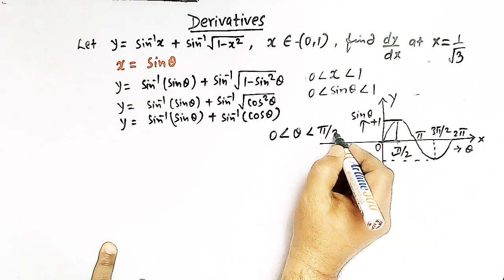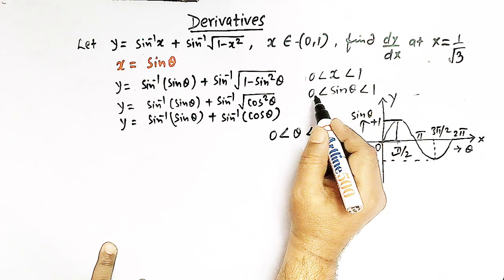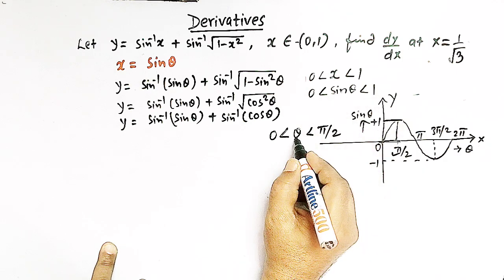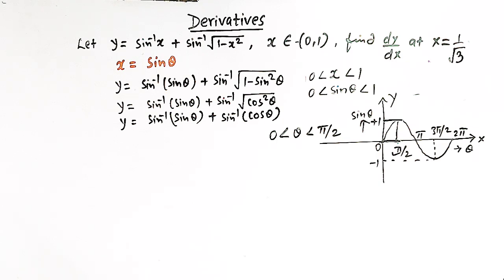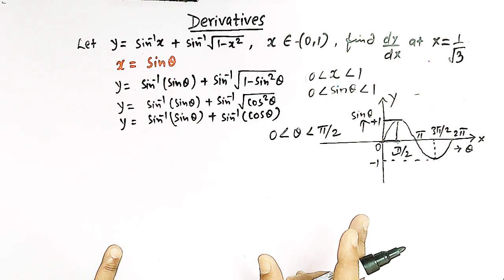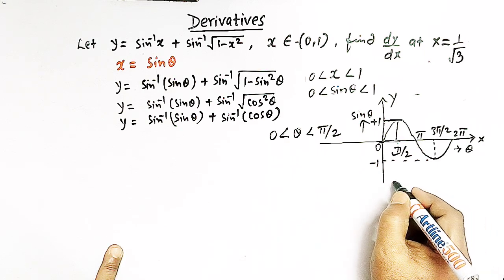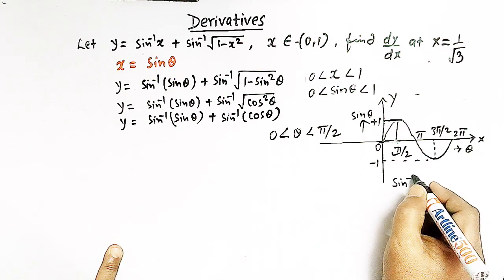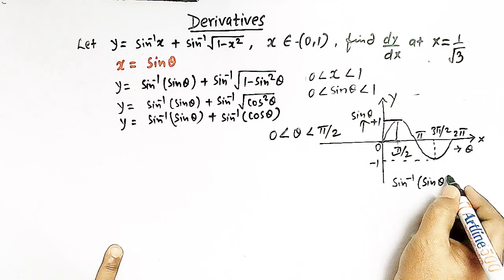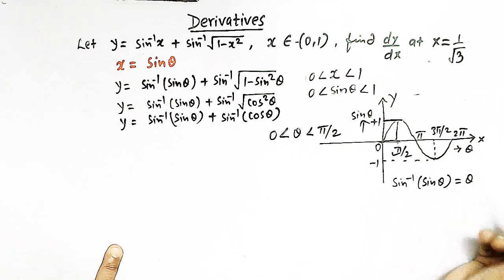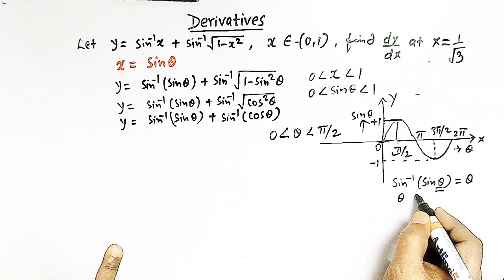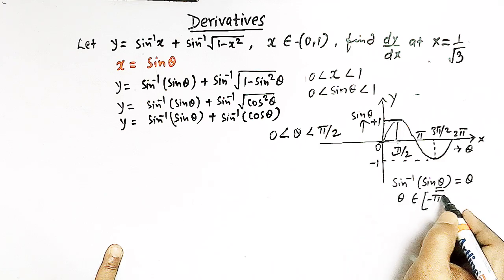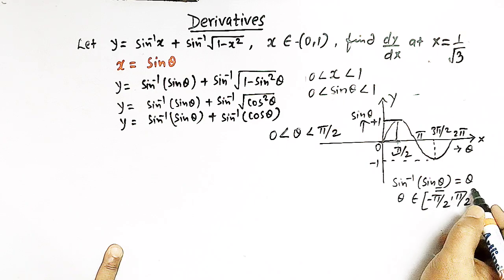So now we have this inequality. When sine theta lies between 0 and 1, then theta lies between 0 and pi by 2. So now let us consider one property of inverse trigonometric functions, and we know that sine inverse of sine theta is equal to theta when this theta lies in the interval from minus pi by 2 to pi by 2.